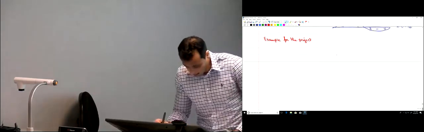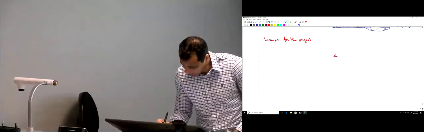So let's say here you have a beam that looks like this, okay? Let's assume even.